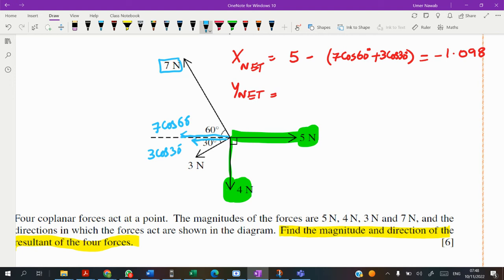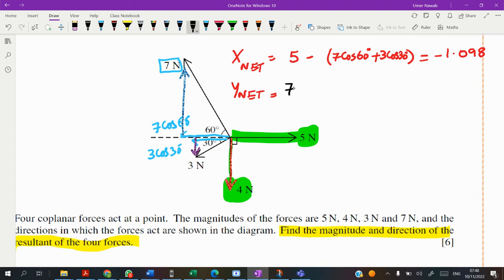So y net is going to use a different color. One force is acting vertically upward and two forces are acting vertically downward. No resultant is shown, so it means the upward force by default will be taken positive.